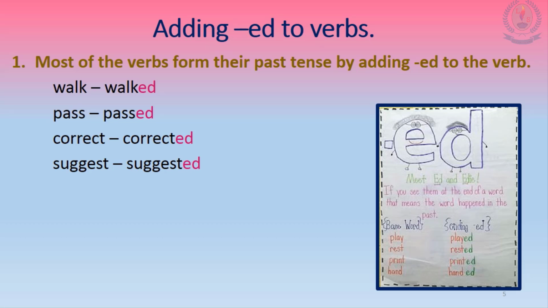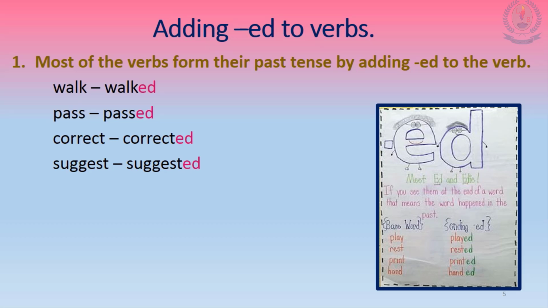Now let's move to the second section, adding ed to verbs. Now you know most of the verbs form their past tense by adding ed to the verb, like walk, walked; pass, passed; correct, corrected; suggest, suggested.